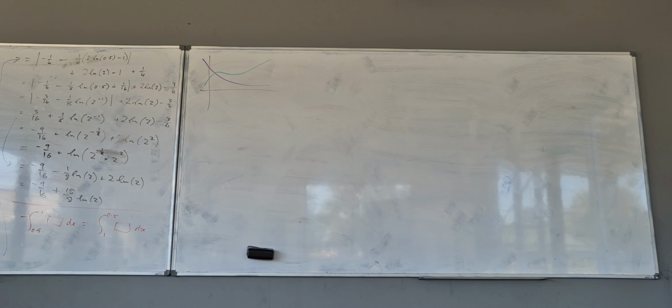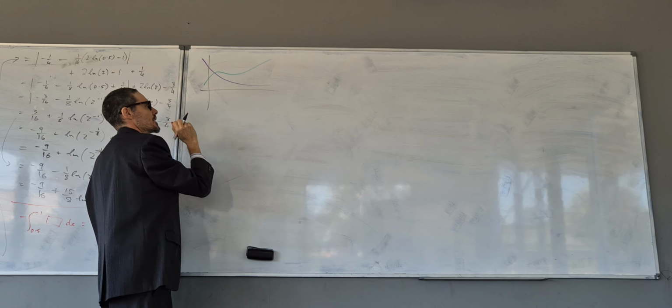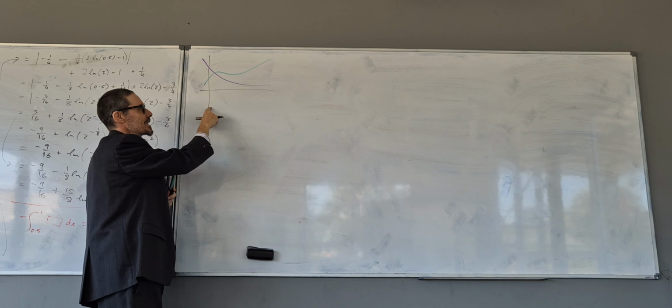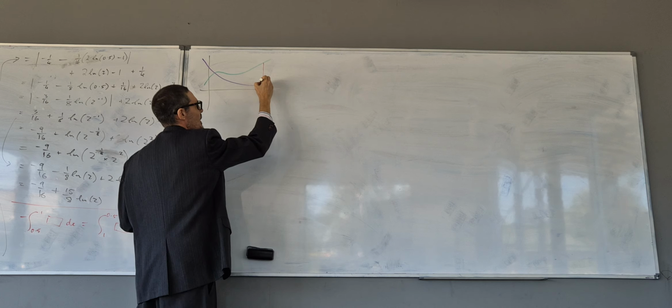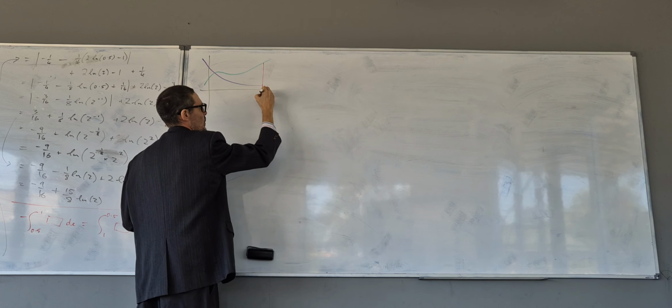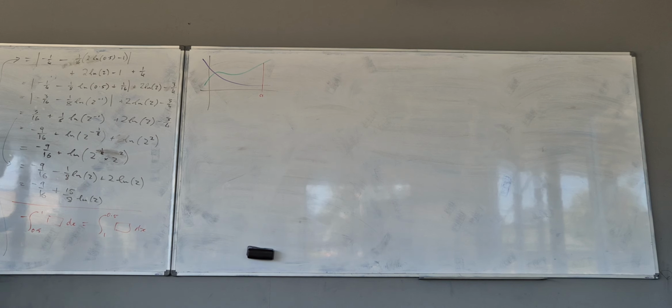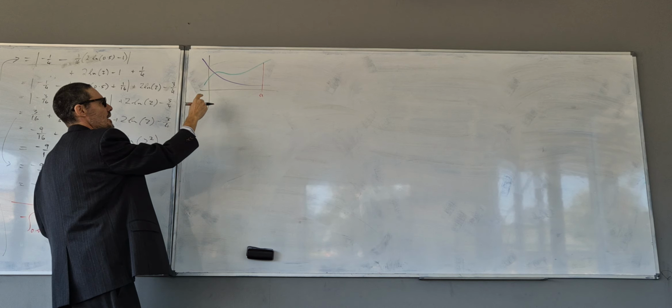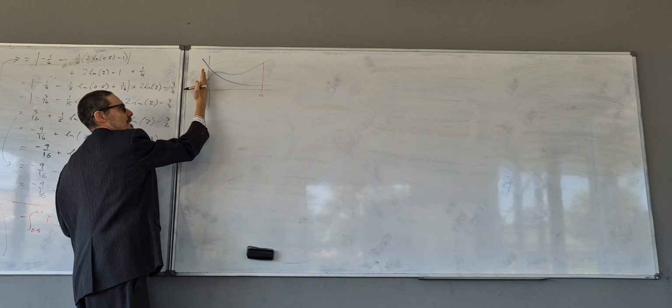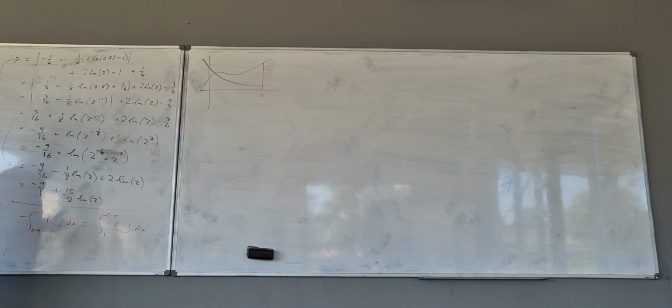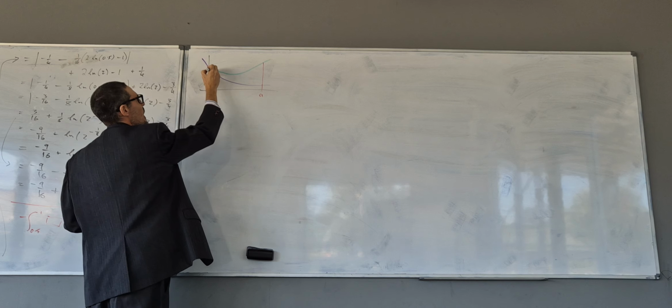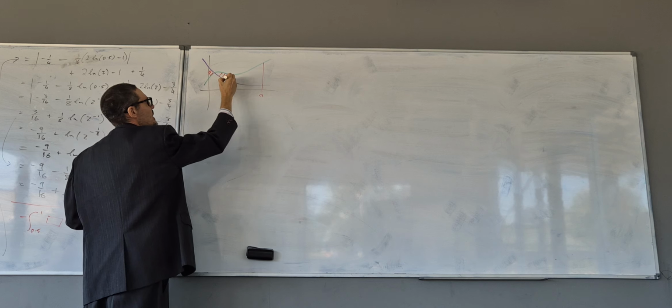Suppose I want to find the bound area between these two functions, the y-axis and x equals, let's call it a. Between two functions, this axis and this point. Which is to say I want to find this and this.